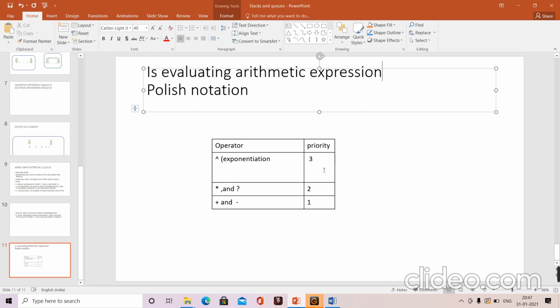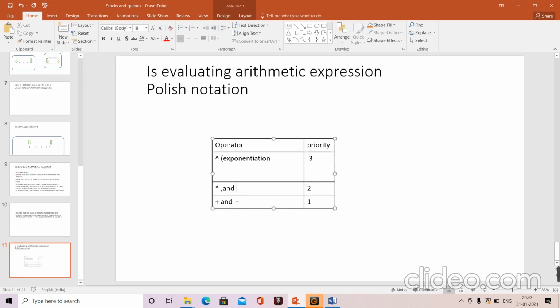Exponentiation has the highest priority and is given the value 3, multiplication and division are given priority 2, and plus and minus have the same priority, so it is given priority 1. So you can see that exponentiation has the highest priority and plus and minus have the lowest priority.